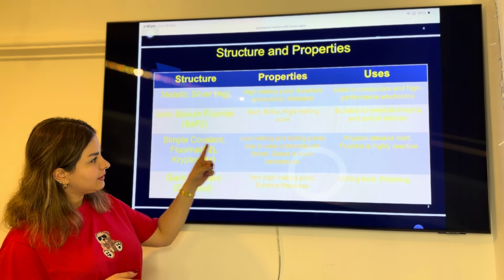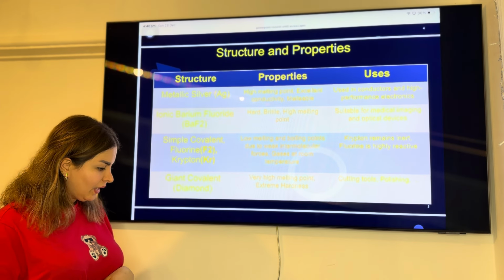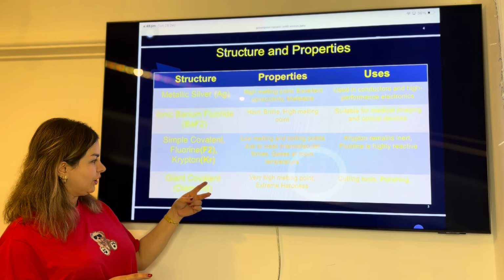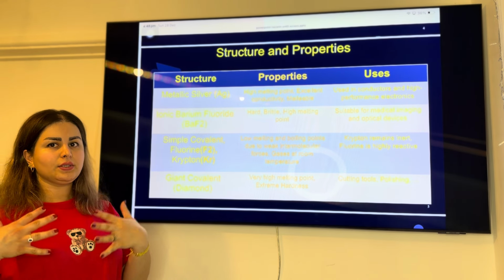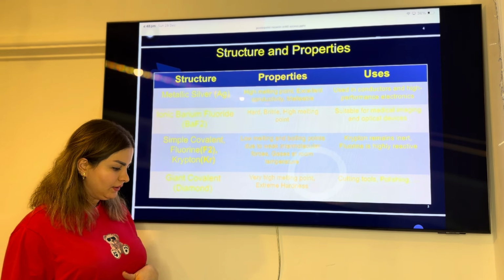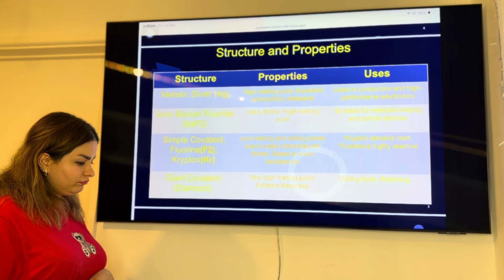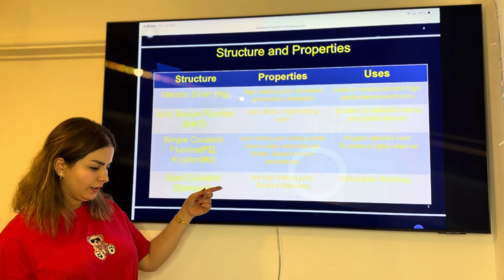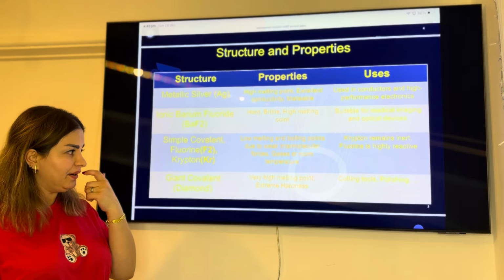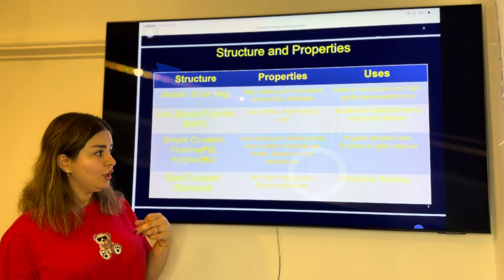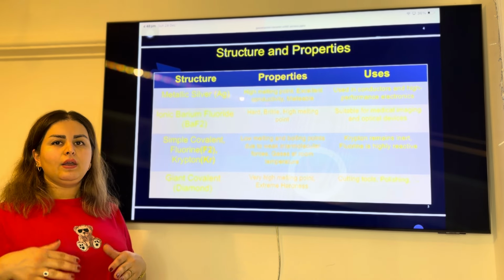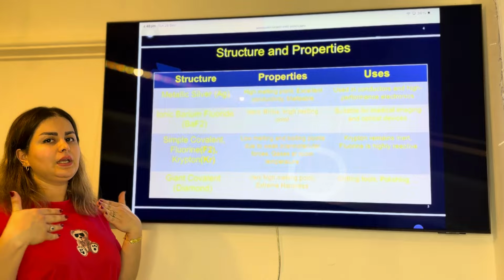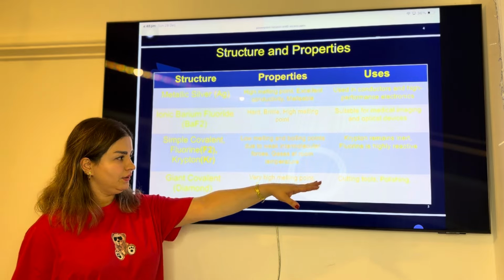They are gases at room temperature. A giant covalent structure, and the most common one is diamond, is extremely strong, and it also has a very high melting point and boiling point. It is really sharp, and it can be used as a cutting tool.